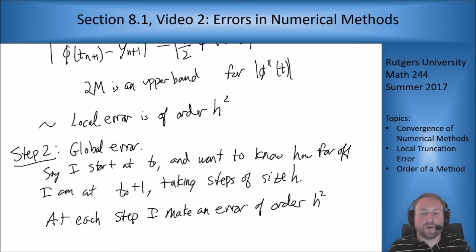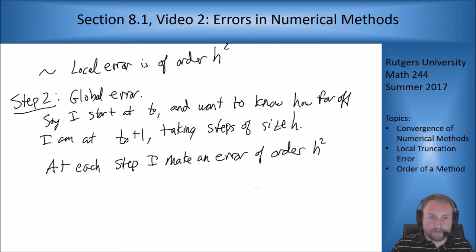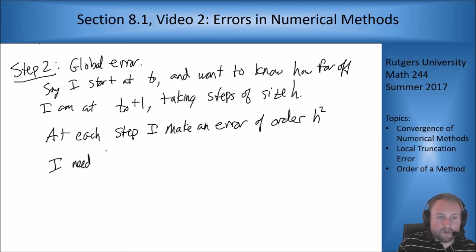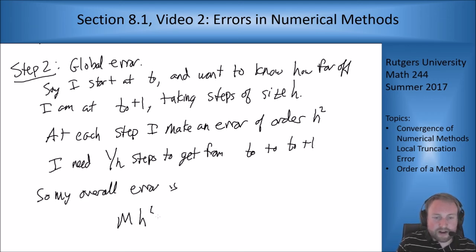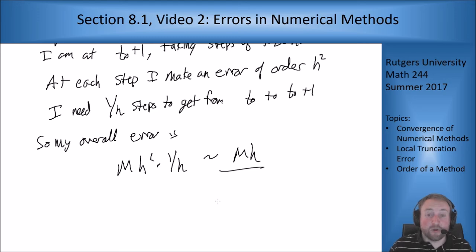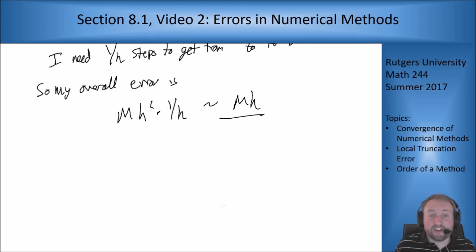Well, how many steps do I need to get from t0 to t0 plus 1? Well, if each step is of size h, I need 1 over h steps to get there. So my overall error is m h squared times 1 over h, which is m times h. So this is a first order method because I have just an h here, not an h squared.